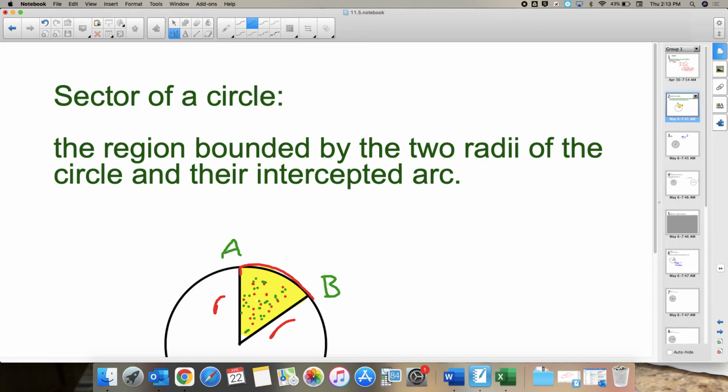So it is truly this full piece of pizza right here that you are going to pull out. The two radii and then that arc that is the intercepted arc. So we'll be doing both, finding the area of your whole circle and then finding the area of just that sector today. Those are the two ideas that we're going to work with.